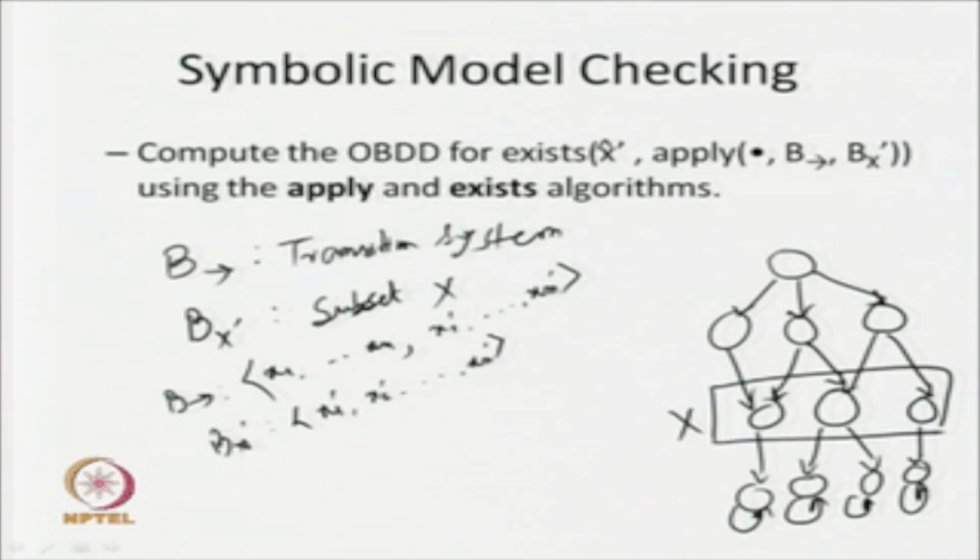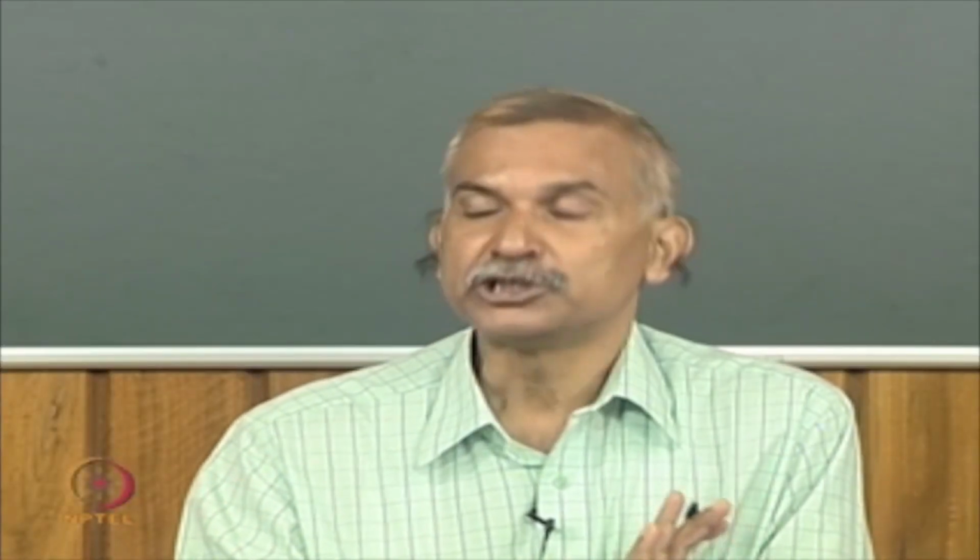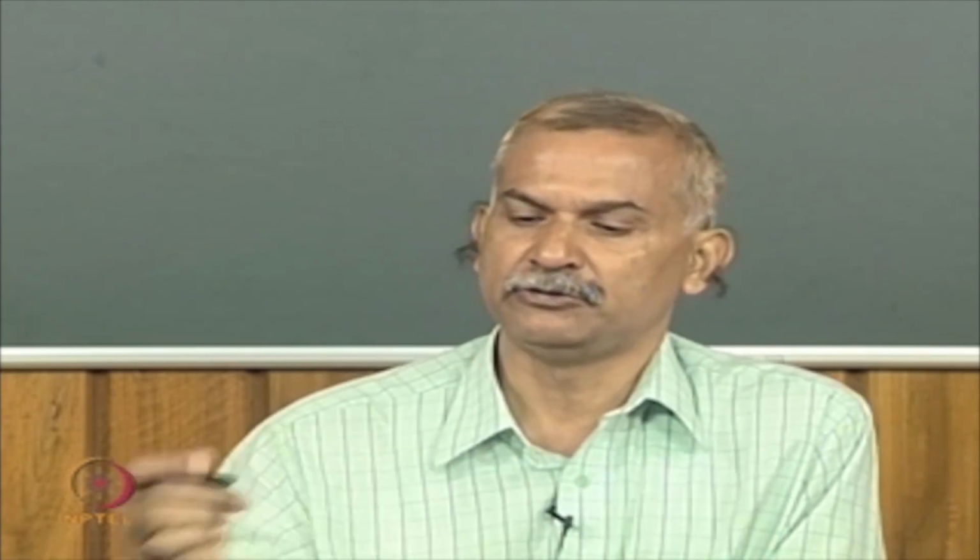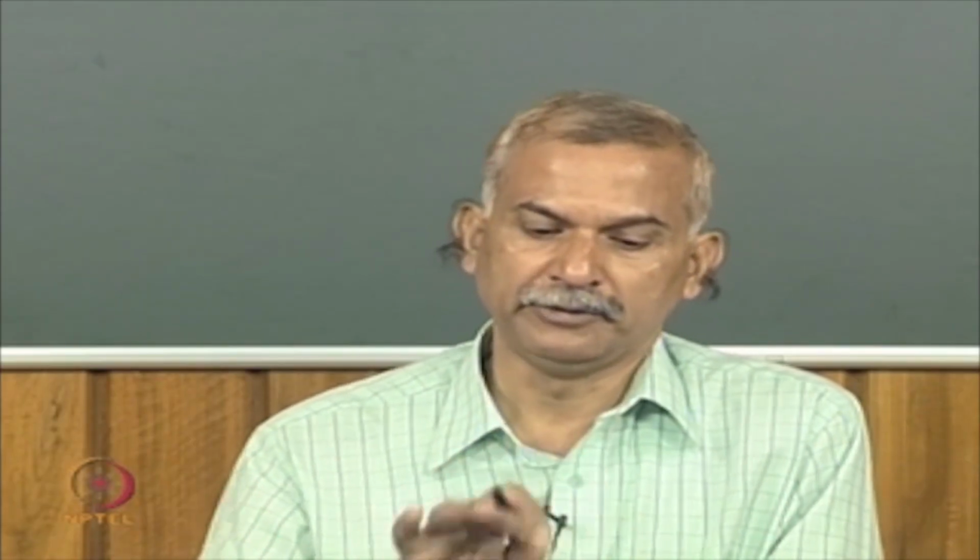Now, when I use this particular apply operation, the dot operation, what does dot basically do? It is going to give me the intersection of two sets. We have already discussed that if you apply this dot operation, it is going to give me the intersection of two sets of states. Now, I am using two BDDs.